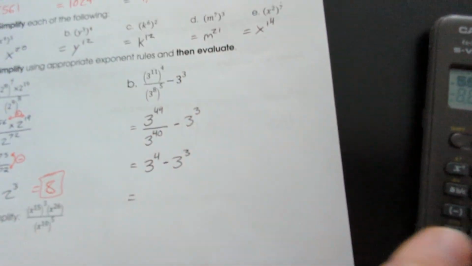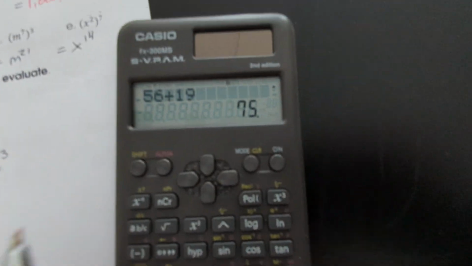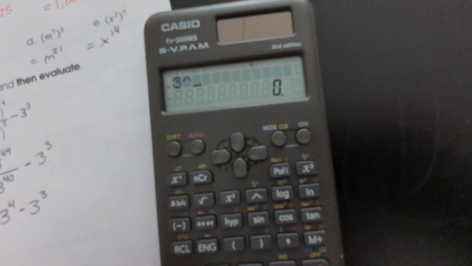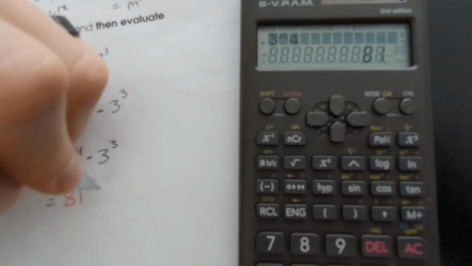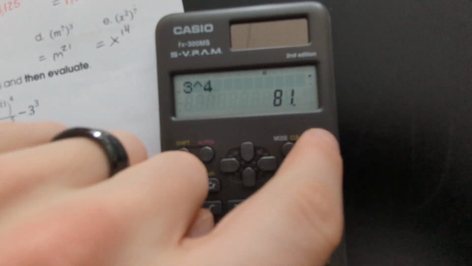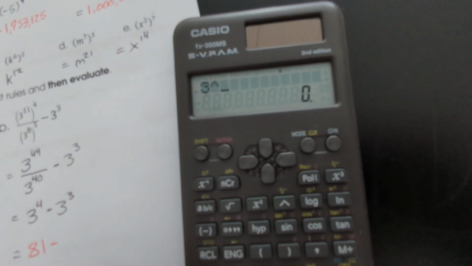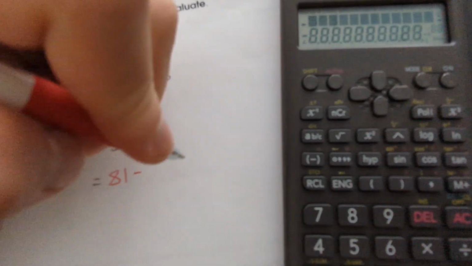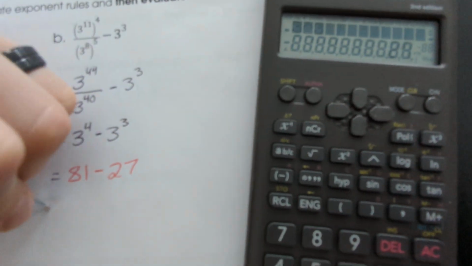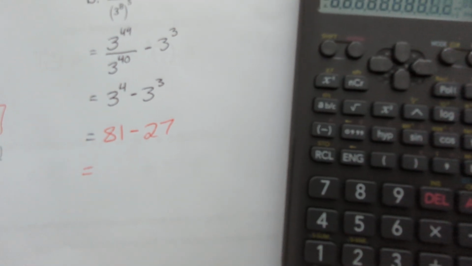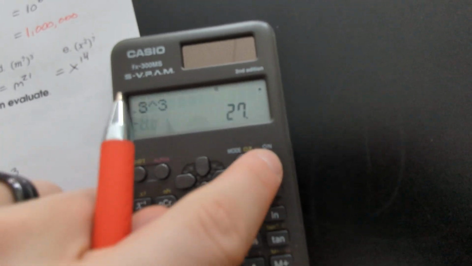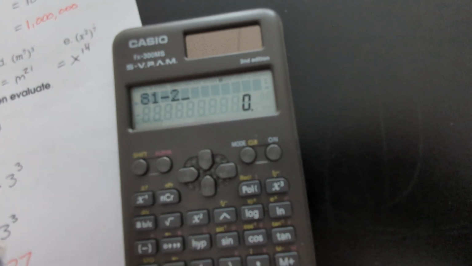So 3 to the power 4, let's do that in our calculator. 3 exponent 4, we get 81. So we have 81 minus 3 exponent 3. 3 exponent 3 is 27. Okay, so our answer is going to be 81 minus 27. 81 minus 27, which is 54.